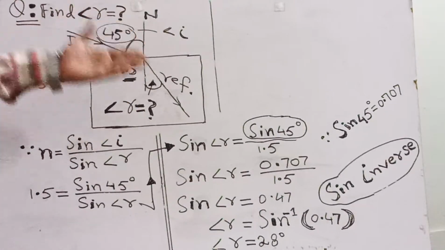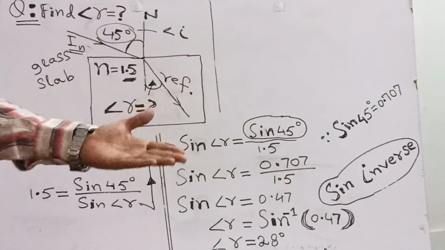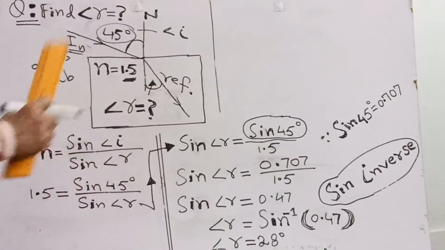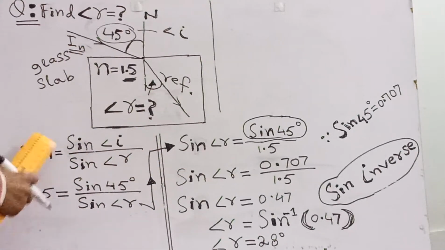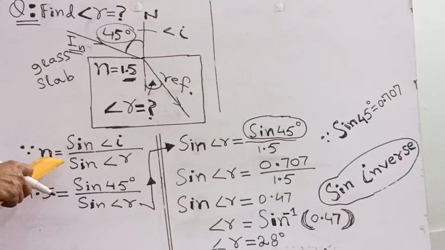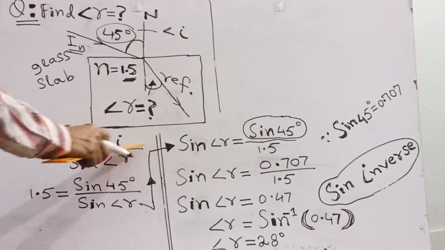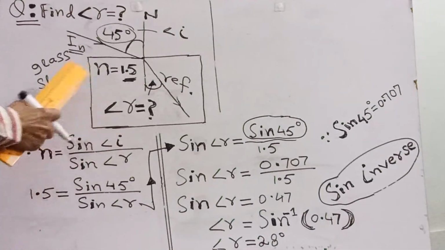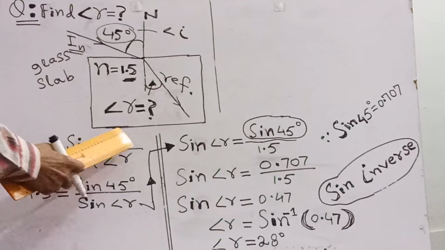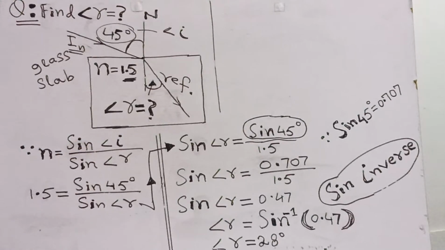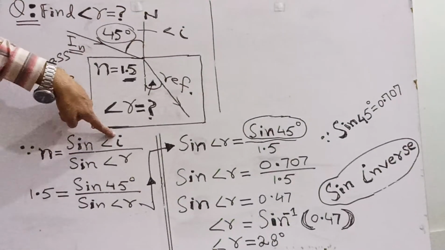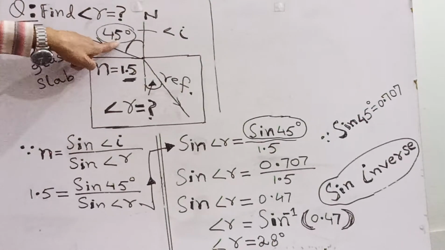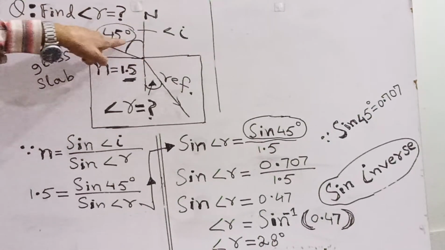So we apply the formula of the refractive index of the material. What is the refractive index? The refractive index is defined as the ratio of the sine of the angle of incidence to the sine of the angle of refraction. So now put the values. What is the angle of incidence? Which is 45 degrees.